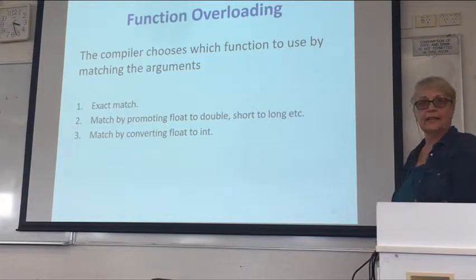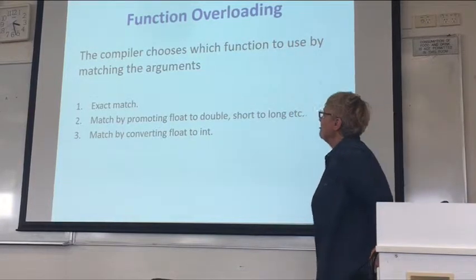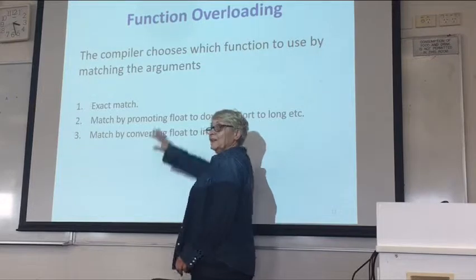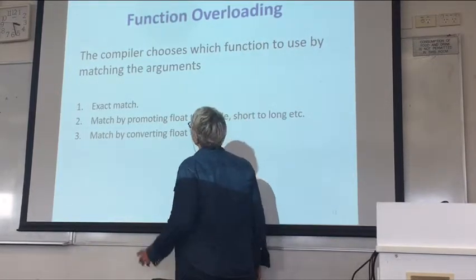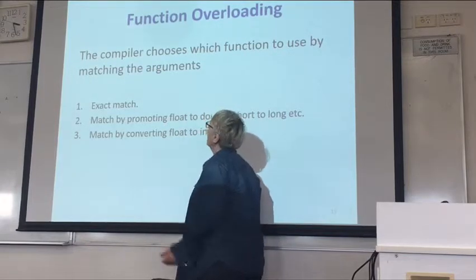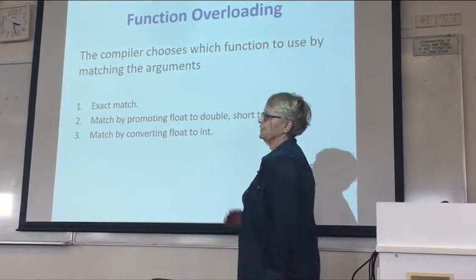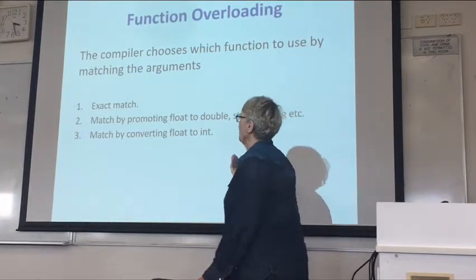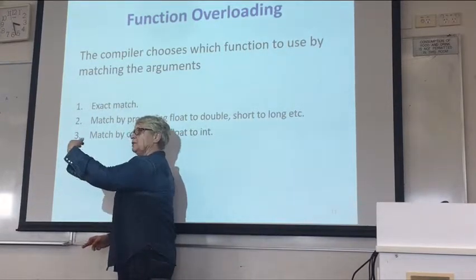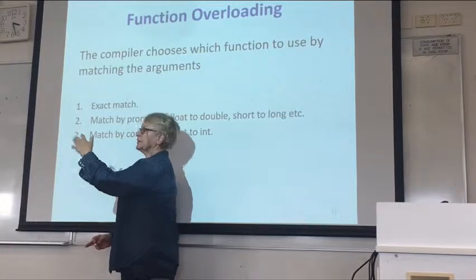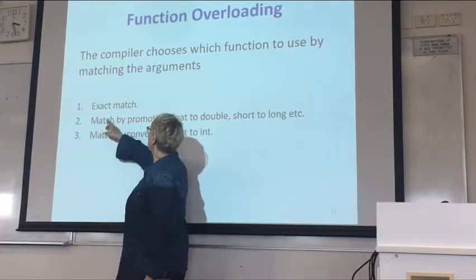And we will see that in that case, the compiler tries to do some analysis and choose the best match. So if there is an exact match, if I have a function print with double, that will be called, which was not the case for us.